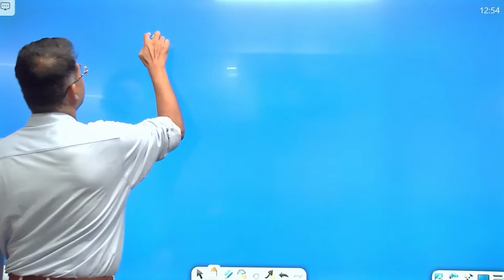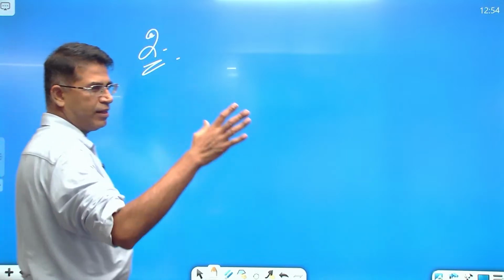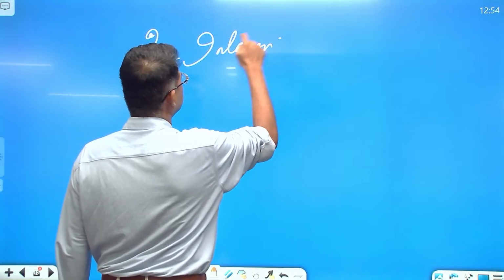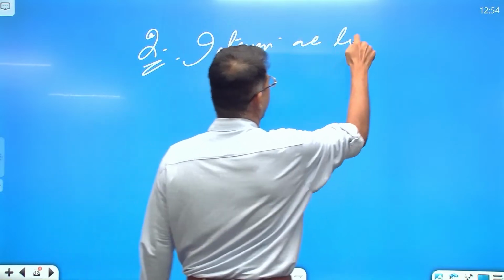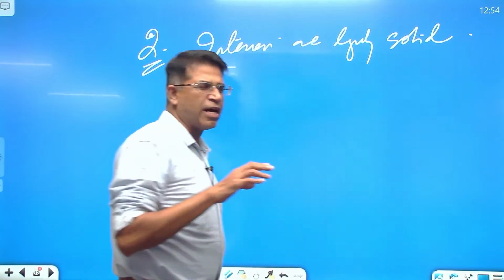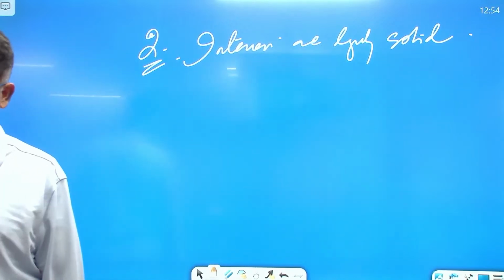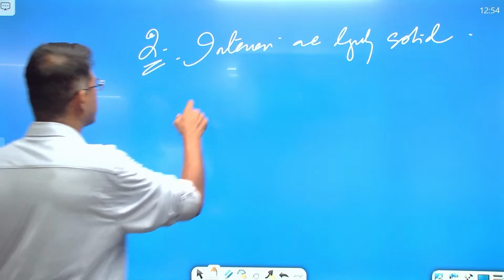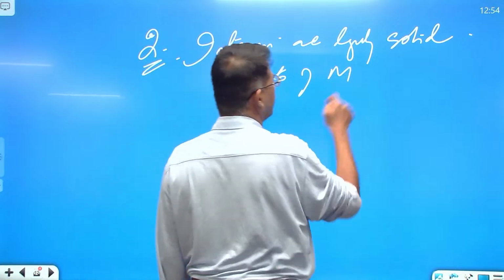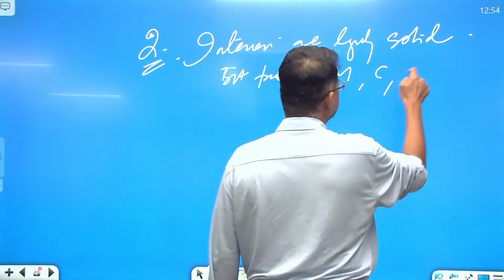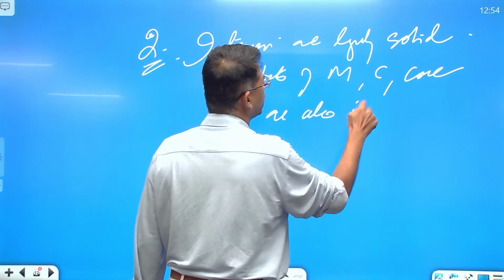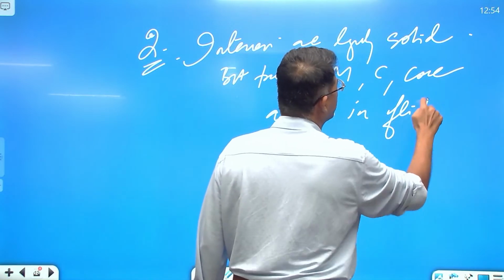The second point is that the interiors are largely solid. But parts of the mantle, the crust and the core are also in the fluid form.